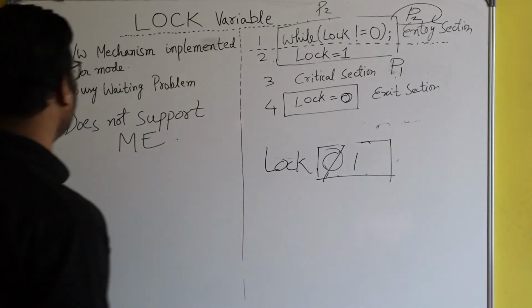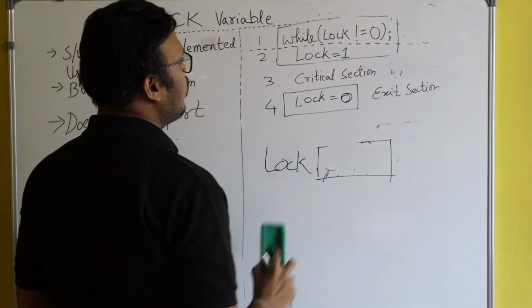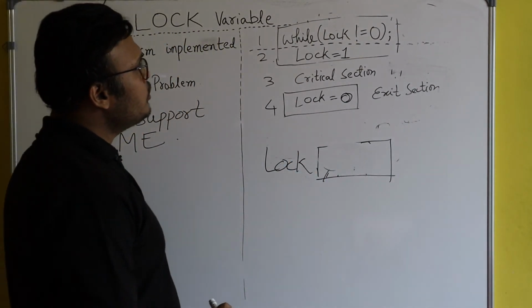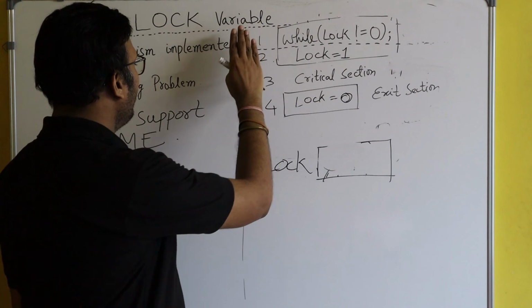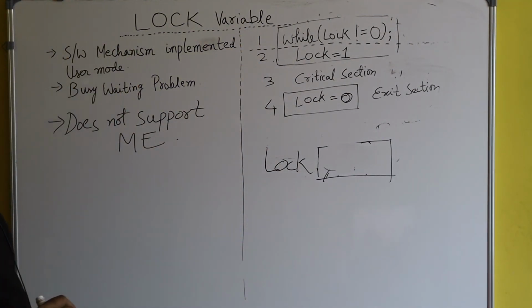So that's why the lock variable suffers from busy waiting. One important point: the lock variable doesn't support mutual exclusion.